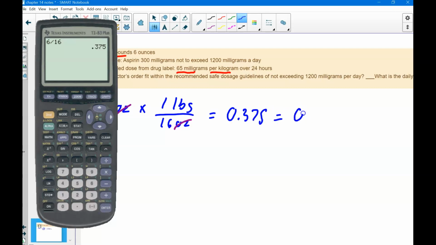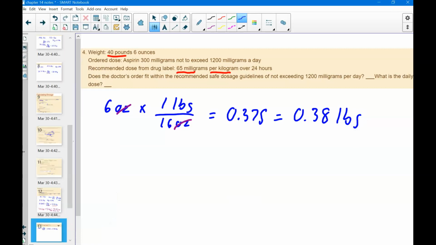Which equals 0.38 pounds. So we have 40, total would be 40.38 pounds.